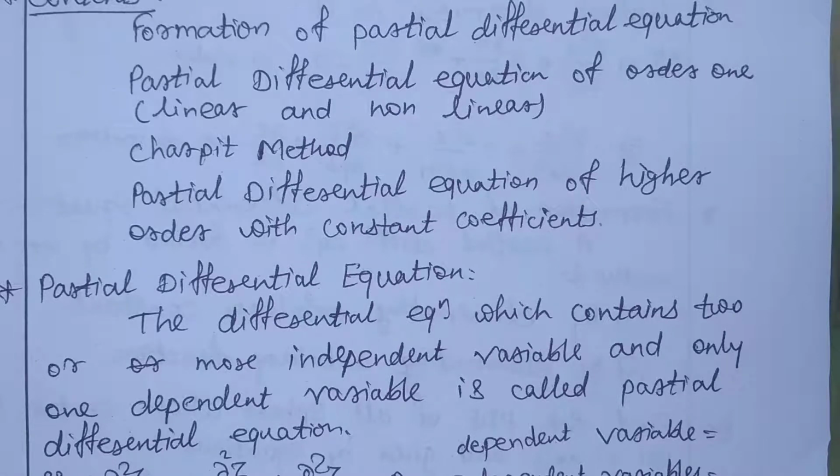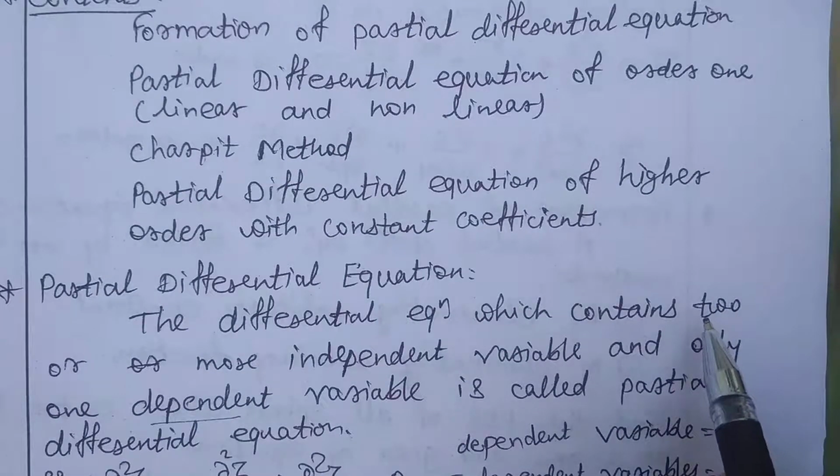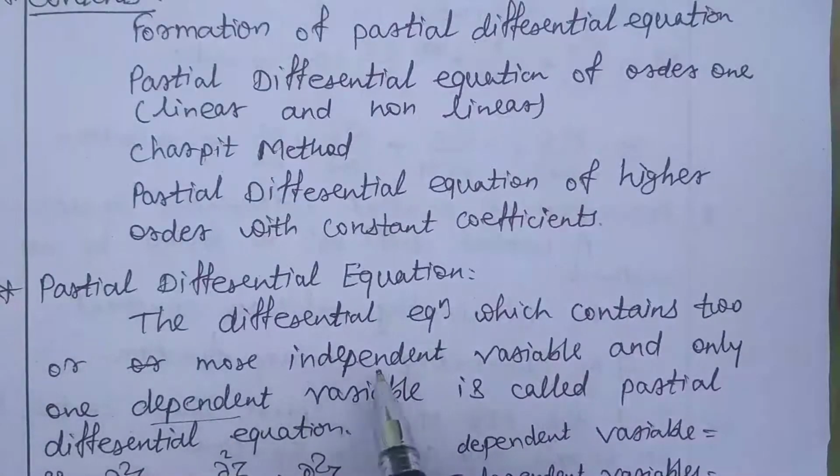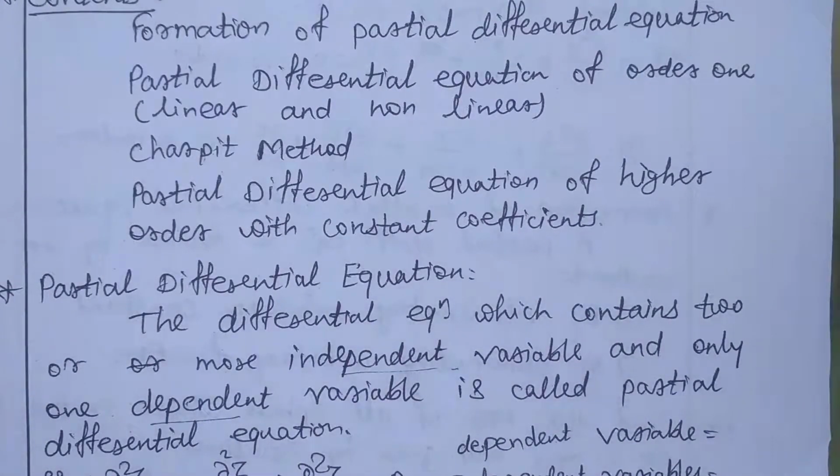But in partial differential equation, there is only one dependent variable, but two or more independent variables, maybe 2, 3, 4 like that. So that differential equation is called the partial differential equation.